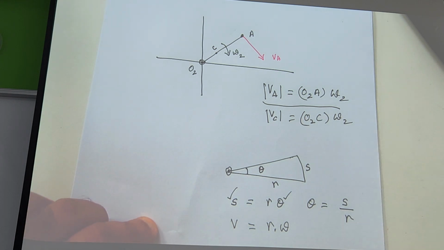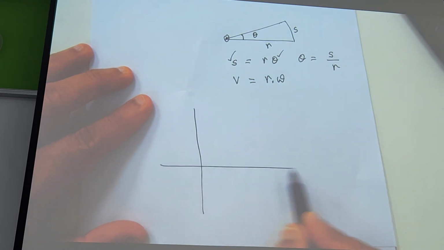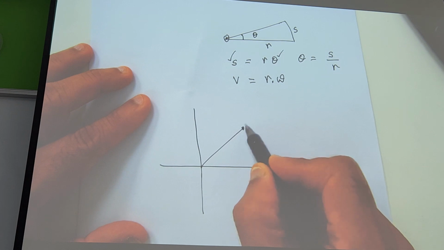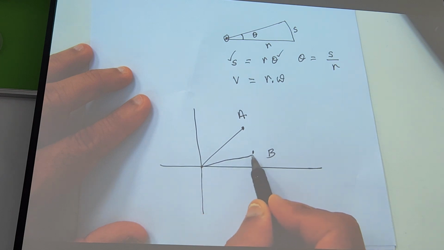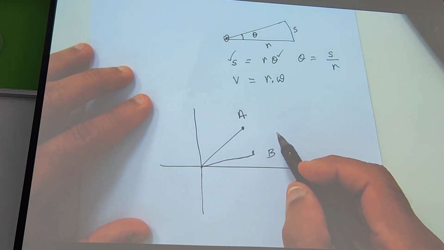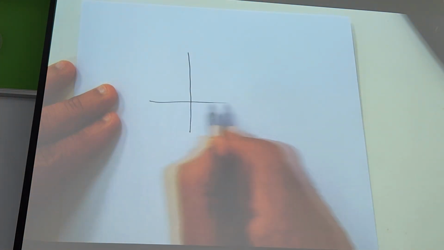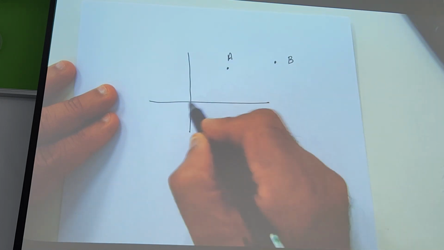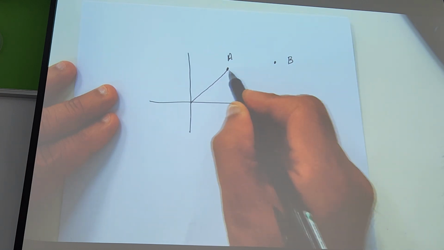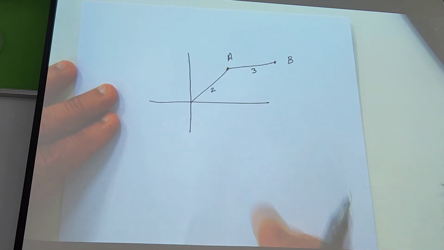Now what I'm going to do is draw point A. Now let us say point B is here. This is your link 3, link 2.